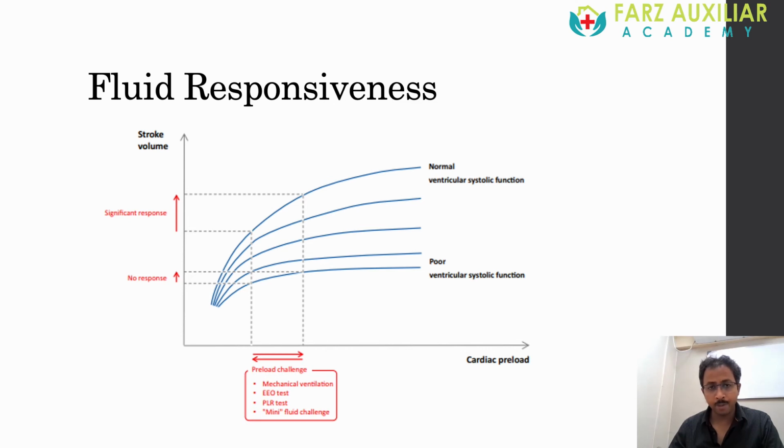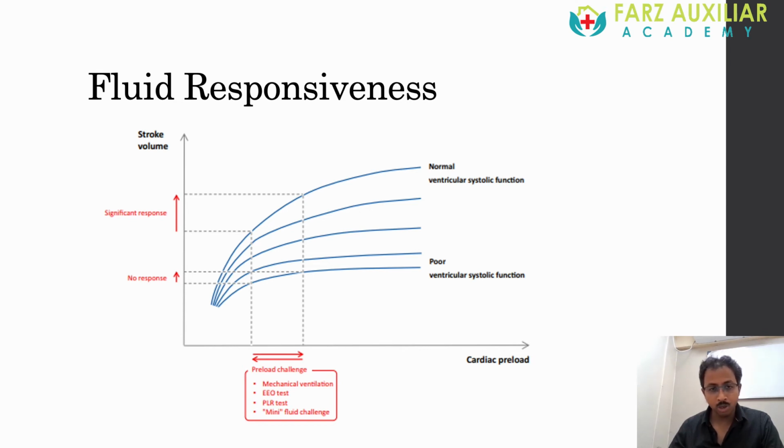Look at the upper curve rather. If the patient's heart is in the steeper portion of the curve and we give a preload challenge, some amount of fluid will increase the stroke volume in a significant way.